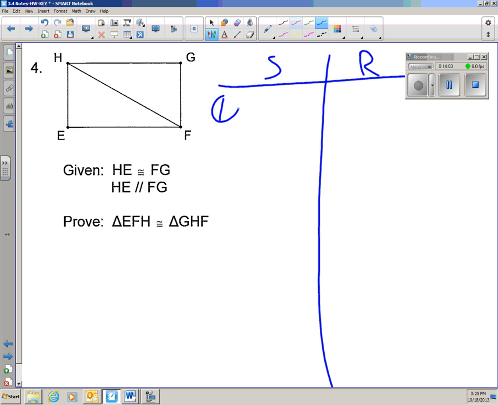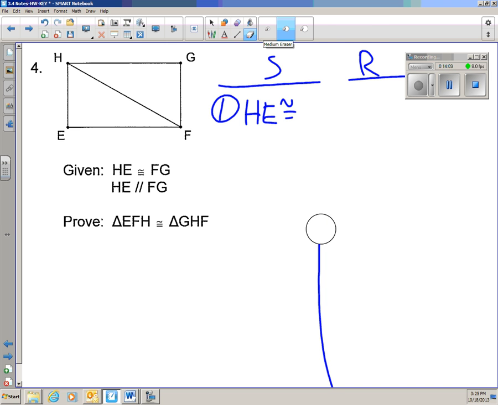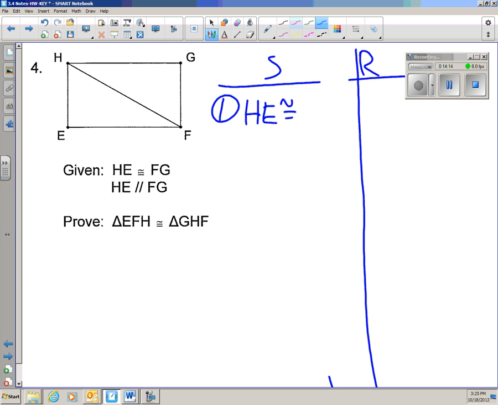Let's get the first given out of the way. HE is congruent to FG.